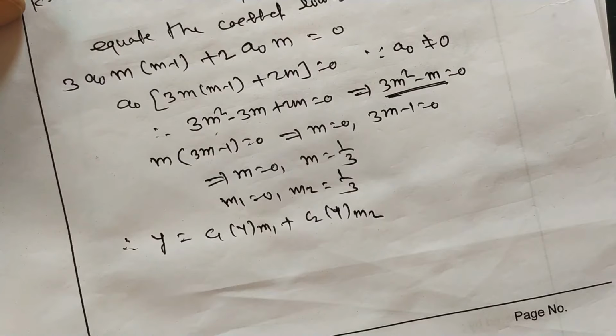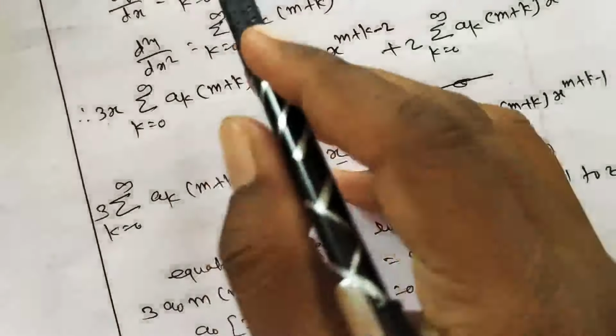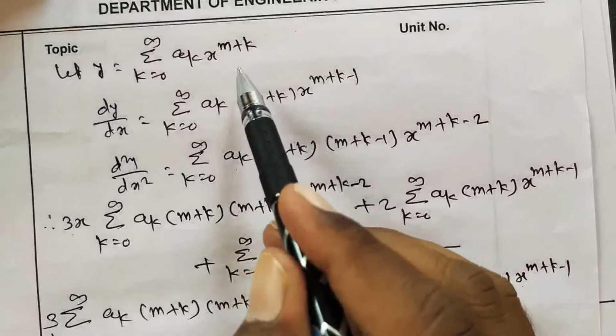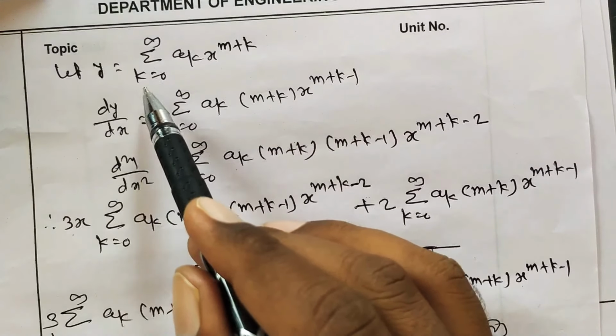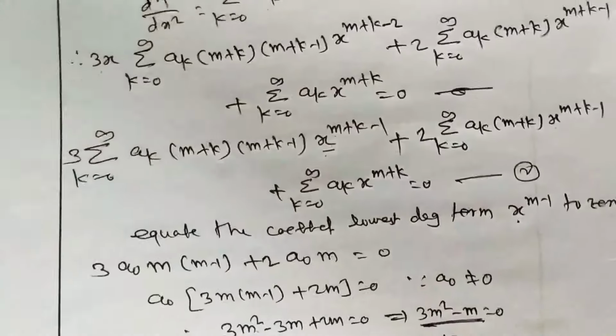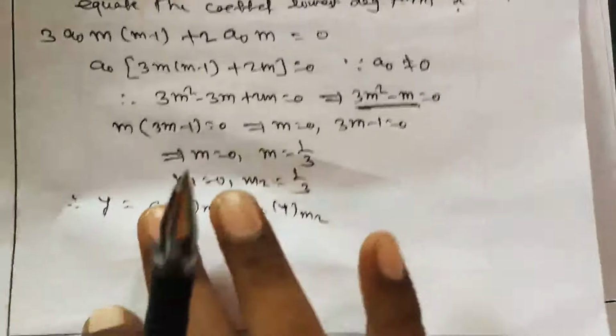Now what is y? We assumed y as the summation of ak x to the power m plus k. So for y we want the values of ak, meaning a0, a1, a2, a3 and so on.